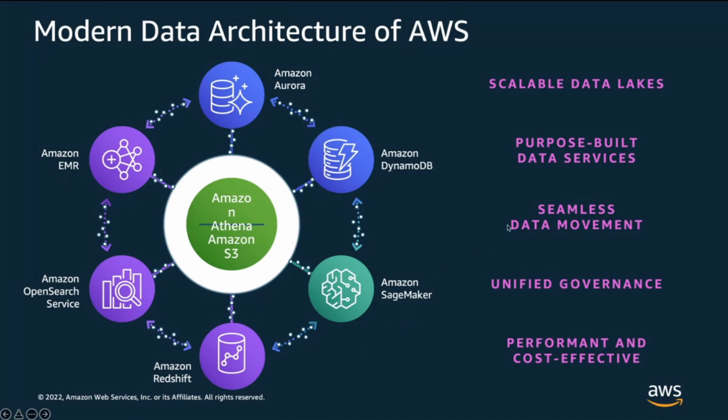The good thing about this whole data lake architecture is that you can use a common service for unified data governance, which is called Lake Formation. That is the key for doing data governance over all the AWS analytics and machine learning services.